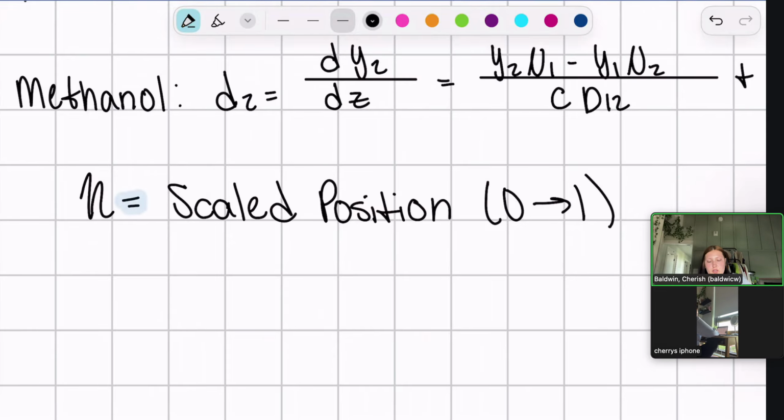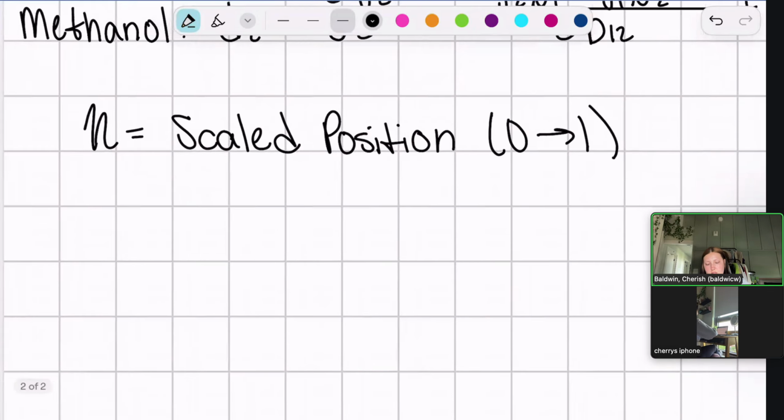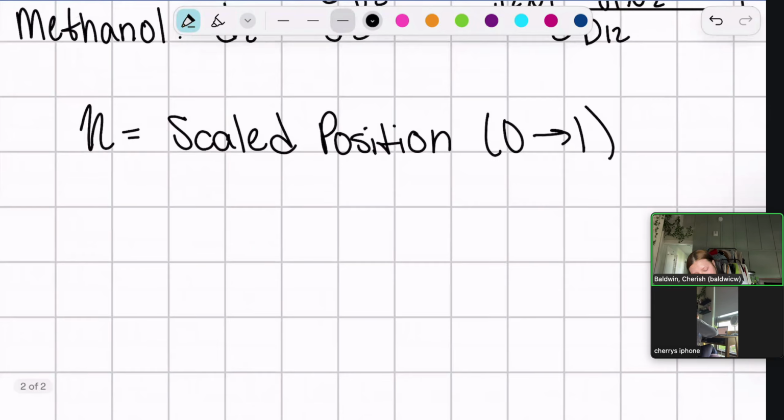We would write this as the position over the tube length.